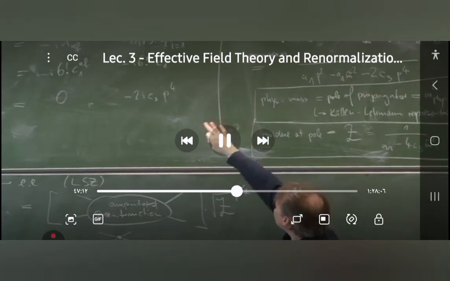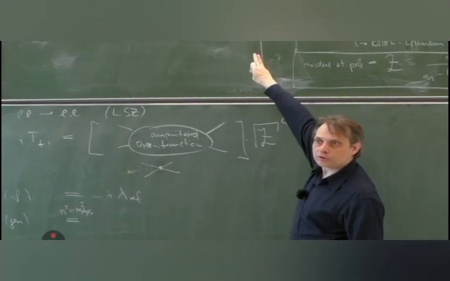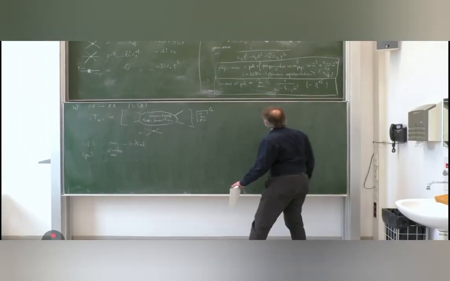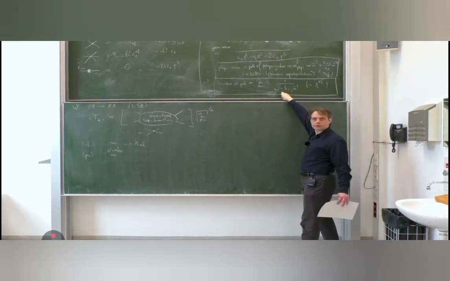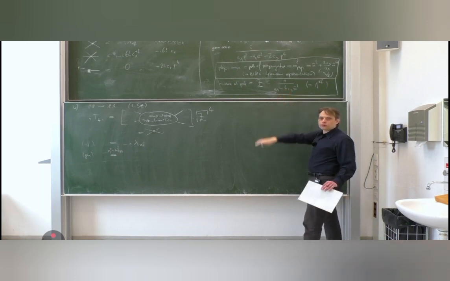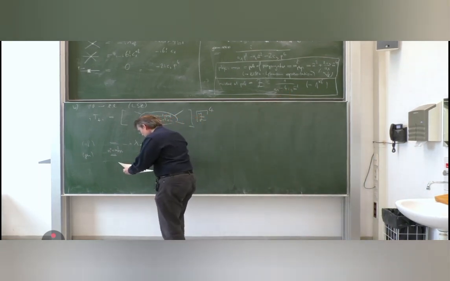Then we have an expression for the diagram which contains over there 4 times the physical mass squared. Then we multiply with the second power of this. We expand up to first order in the coefficients C, and we obtain the following expression.